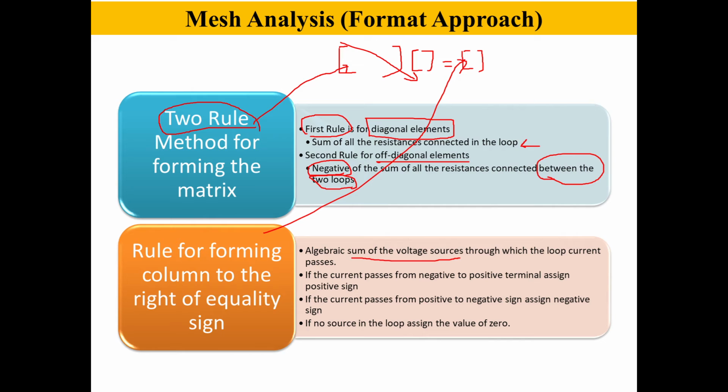You have to take care of the sum of the voltage sources. And how do you put positive or negative sign? You have to put positive sign if the current passes from negative to positive, and you have to put a negative sign if the current passes from positive to negative, and if there is no source you have to put the value as 0. So these rules are very easy and I will explain it in the next slide.